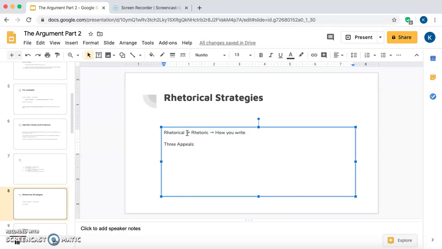We talked about in our descriptive paragraphs the appeal to reason, or the appeals to our five senses, right? Taste, smell, sight, hearing, and feeling. Well, these are appeals to the way that we read our papers.